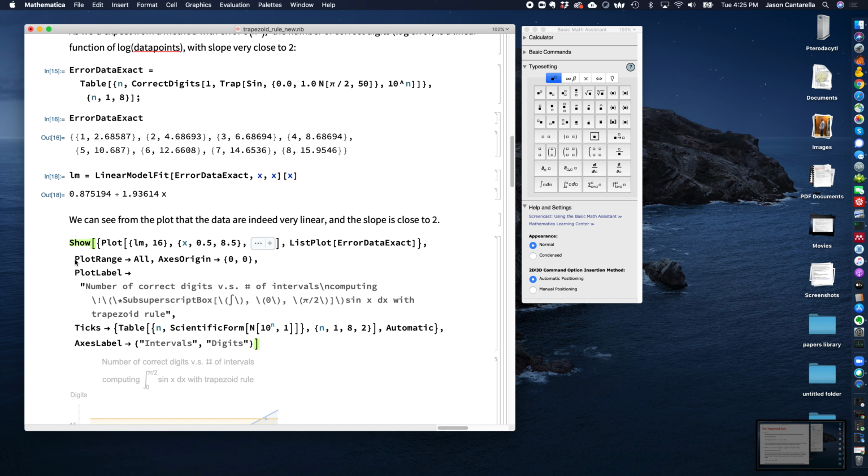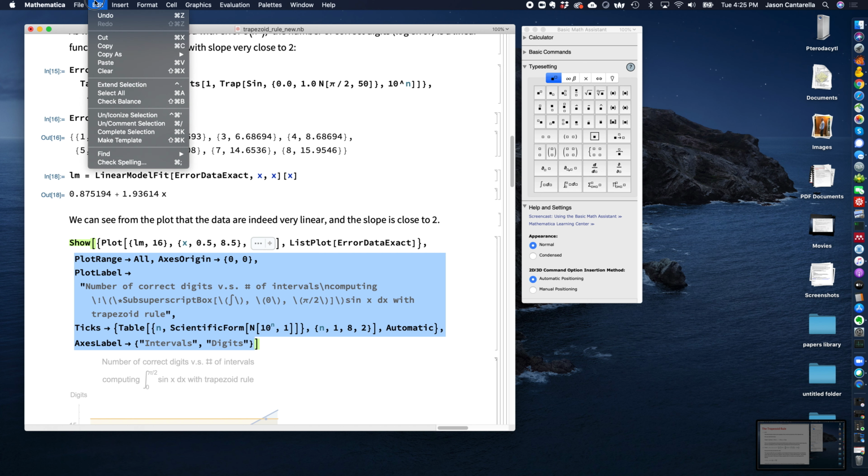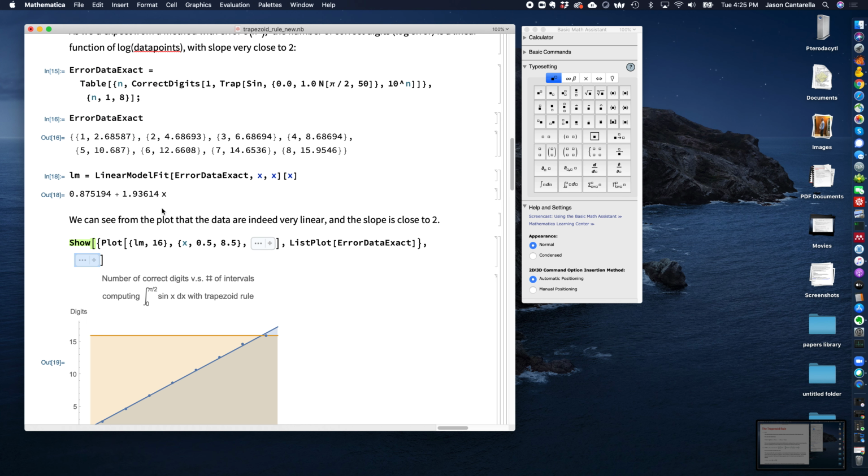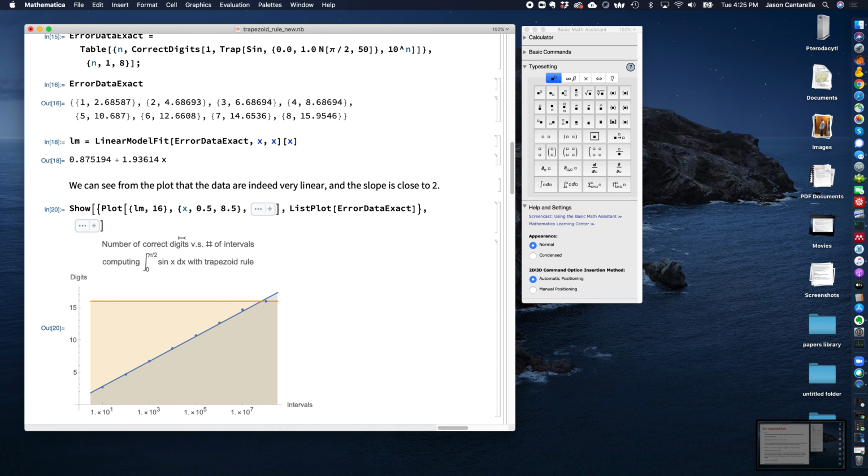You can click on it if you want to see the innards. If you don't want to see the innards, you can select it, go to Edit, and pick iconize selection, and that will just hide all this stuff. It still executes, but it doesn't show.